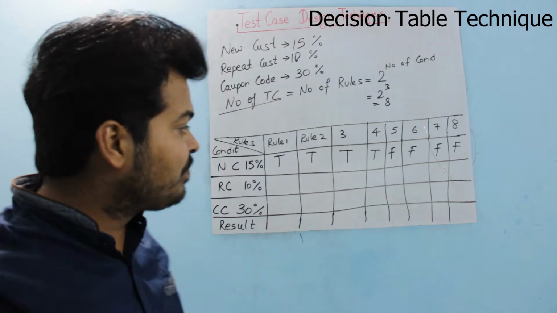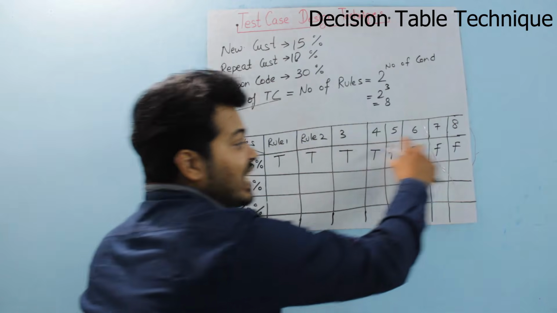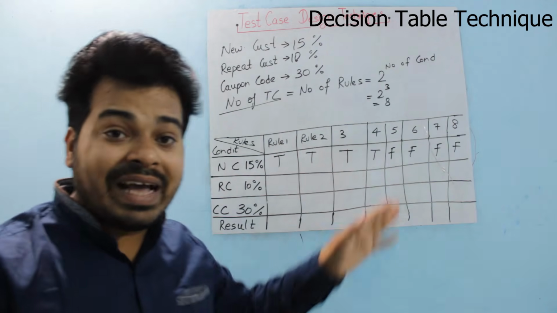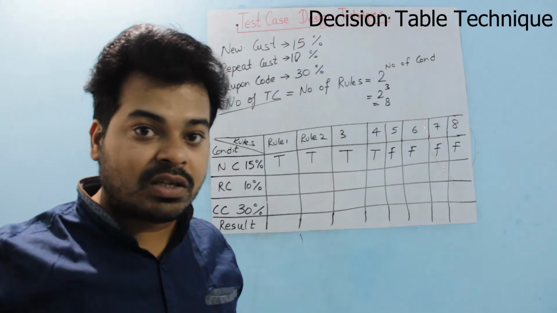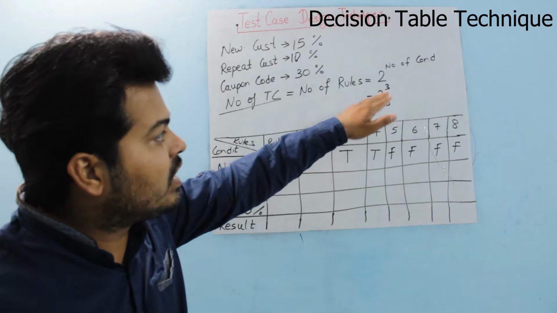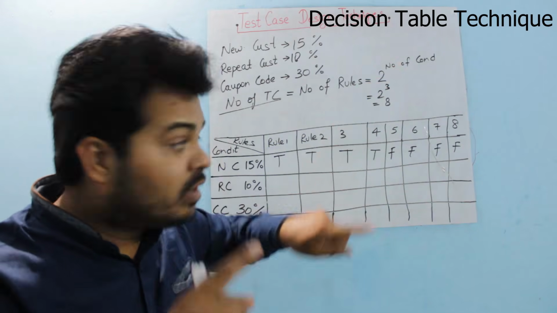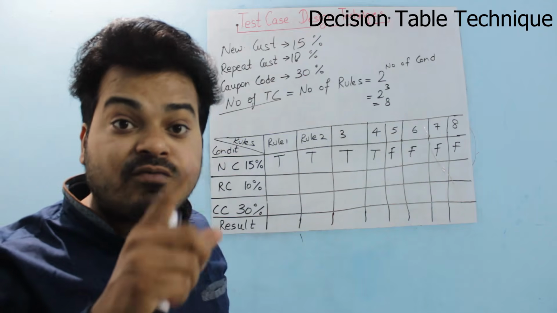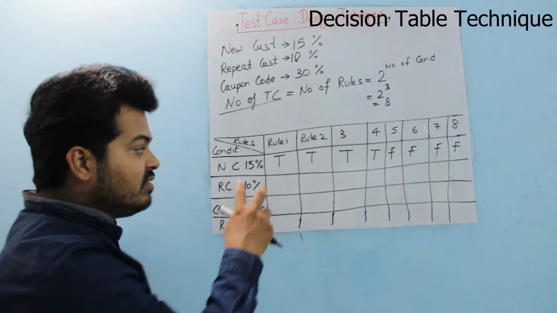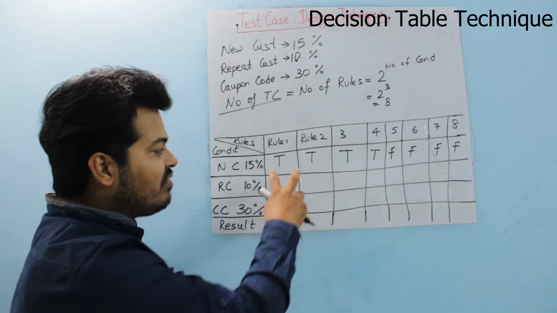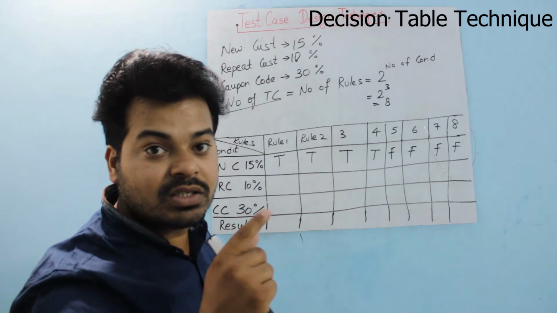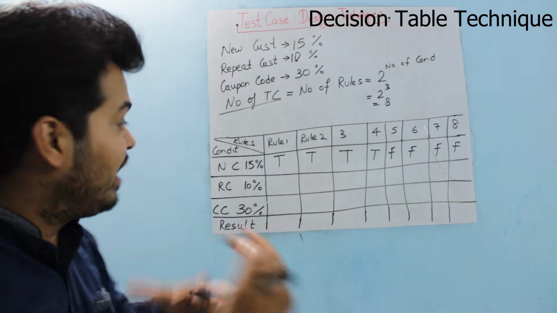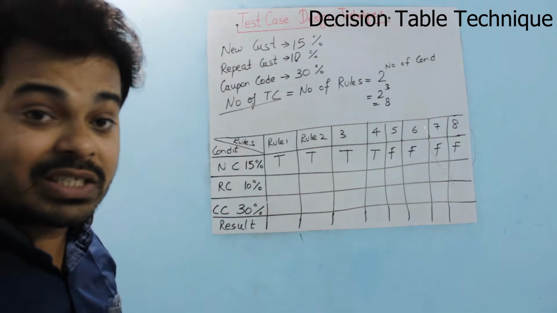In that case, I would have written the first 8 columns as true and the next 8 as false. If my number of conditions would have been 2, my number of test cases would have been 4. In that case, for the first 2 columns I would have written true, and for the next 2 I would have written false, to combine rules and conditions.